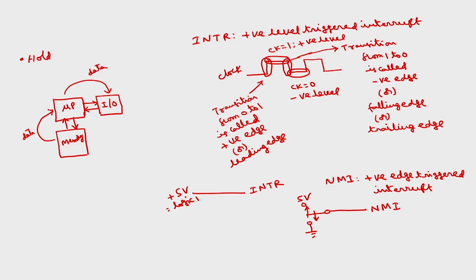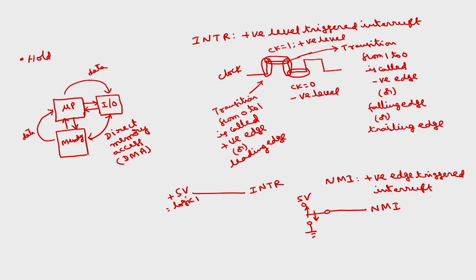So, instead of that, if I directly transfer the data from memory to IO or IO to memory, this is called direct memory access, DMA. We can do this direct memory access to save time, transferring the data directly from memory to IO.